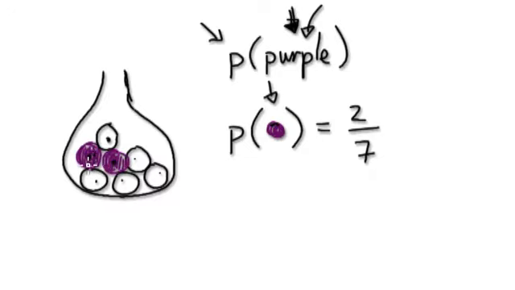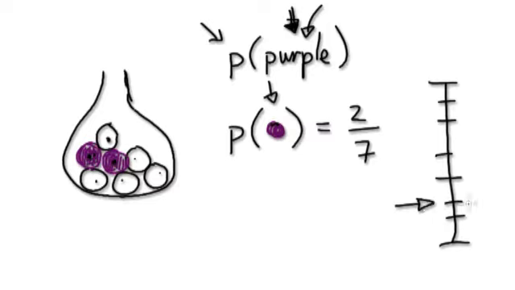But the 2 that you're interested in, well, there are 2 that you're interested in. So the probability of you picking a purple one would be 2 over 7. So if you draw your diagram here, split it into 7 equal parts. So the probability of you picking a purple one would be around here, 2 over 7.